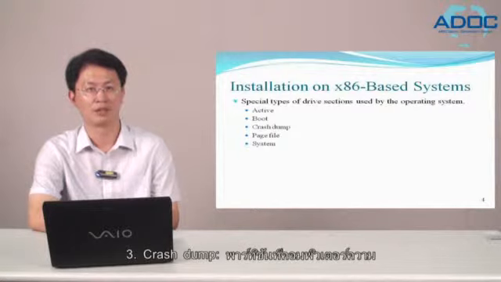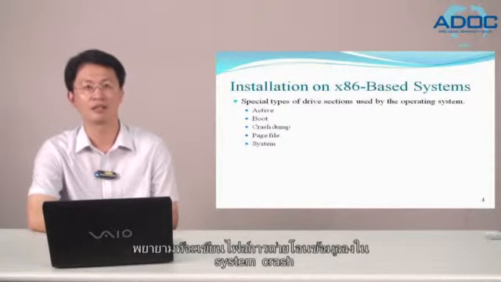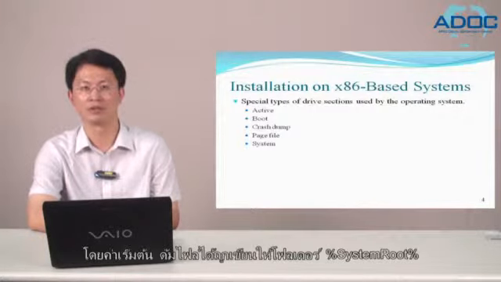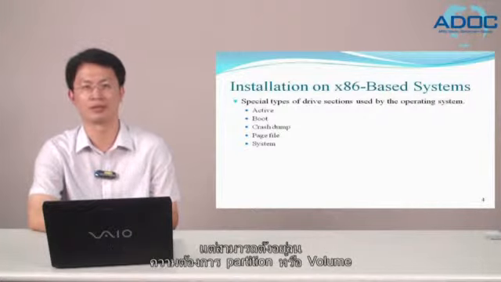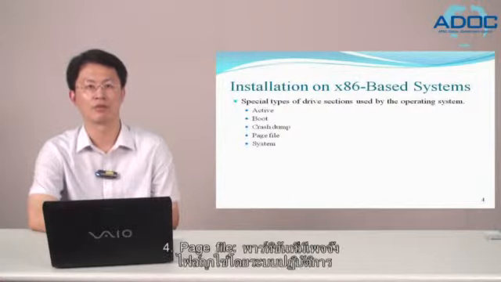Third, crash dump. The partition to which the computer attempts to write dump files in the event of a system crash. By default, dump files are written to the system root folder, but can be located on any desired partition or volume. Fourth, page file.